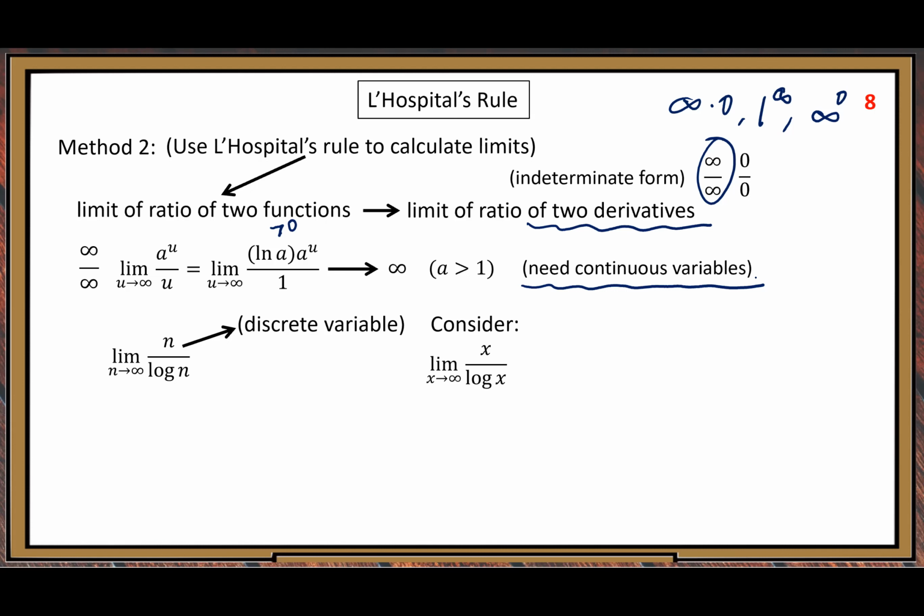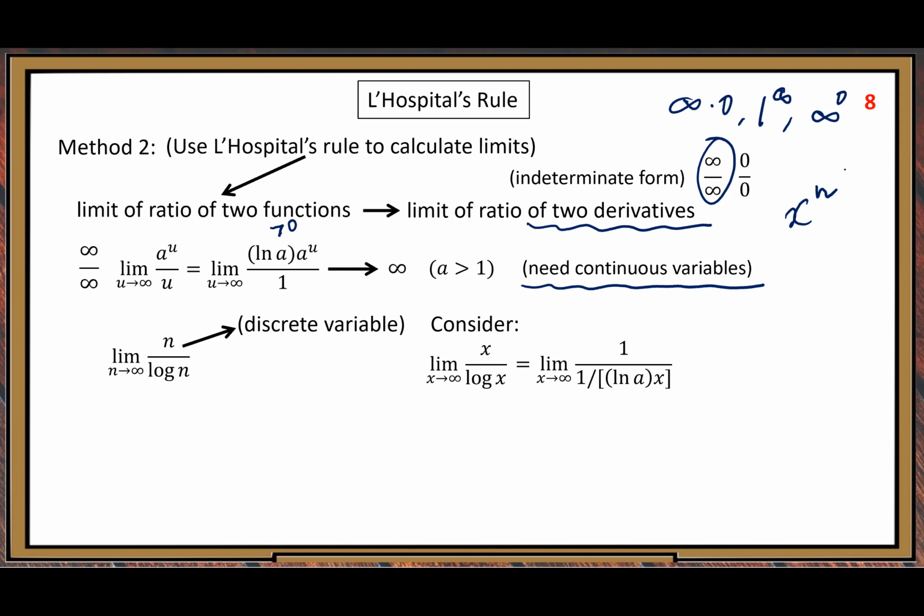Now we consider this closely related question. We know it's different from the original one, but this time we are allowed to use L'Hopital's rule. The limit of the numerator is 1. Let me review a little: the numerator is a power function, x to the n.